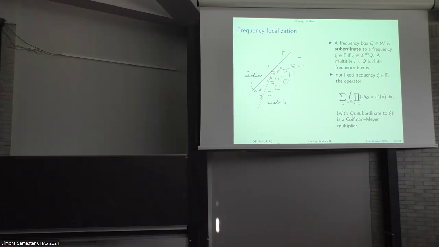So geometrically, what this means is that we draw a cone with a certain opening, and the larger this 2 to the 100 is, the wider is the opening. And now being subordinate to the frequency for a weakly cube or frequency box means sitting inside this kind of cone or meeting such a cone.